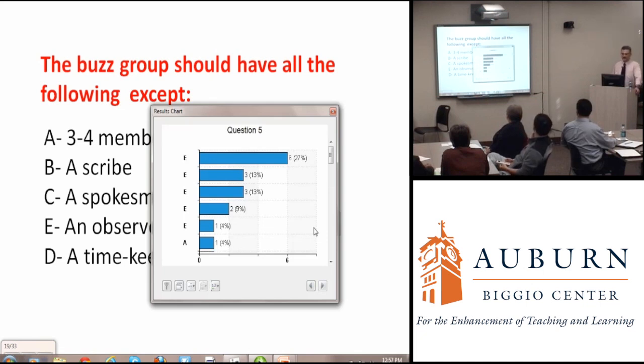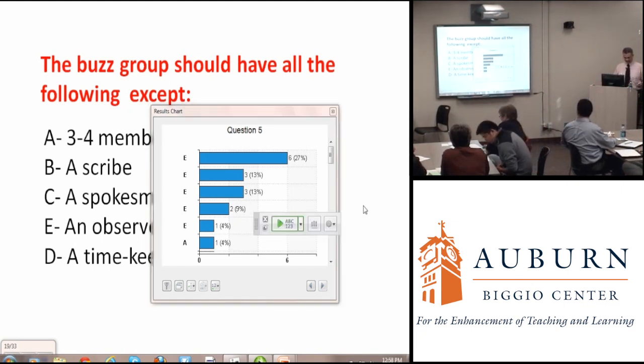The majority say E, which is right, but we still got some people who said A. Somebody got an A. The reason is probably some invisible spaces in there. Some people may have spaced over.